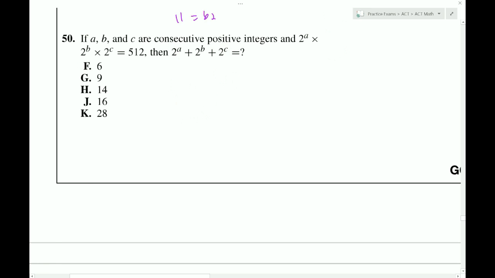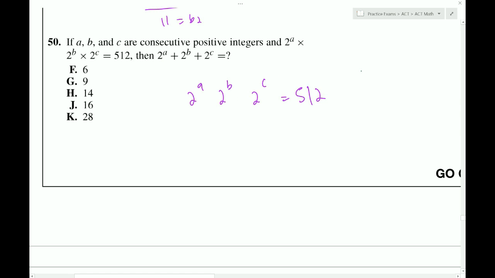A, B, and C are consecutive positive integers. 2 to the A times 2 to the B times 2 to the C equals 512. Right away, when you see the same base raised to different exponents, the thing to do is to add the exponents.